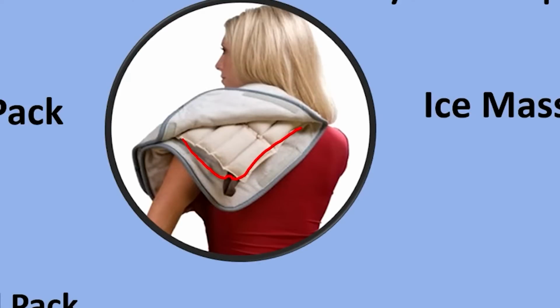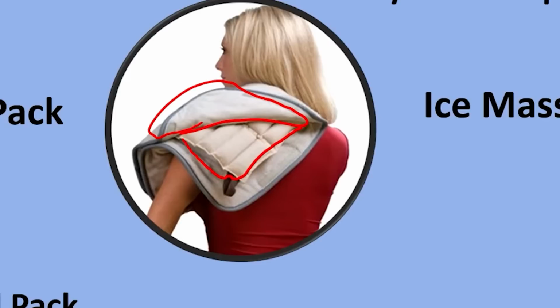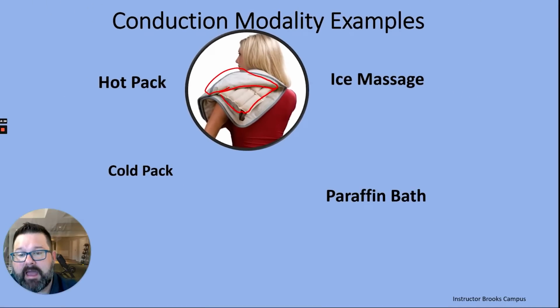This right here, you can see that there is a towel that is wrapped around. This towel is wrapped around the hot pack. You will pack multiple layers of this towel. This towel is an insulator. It is a low thermal conductivity material housing a moderate conductivity material, which is the physical hot pack.